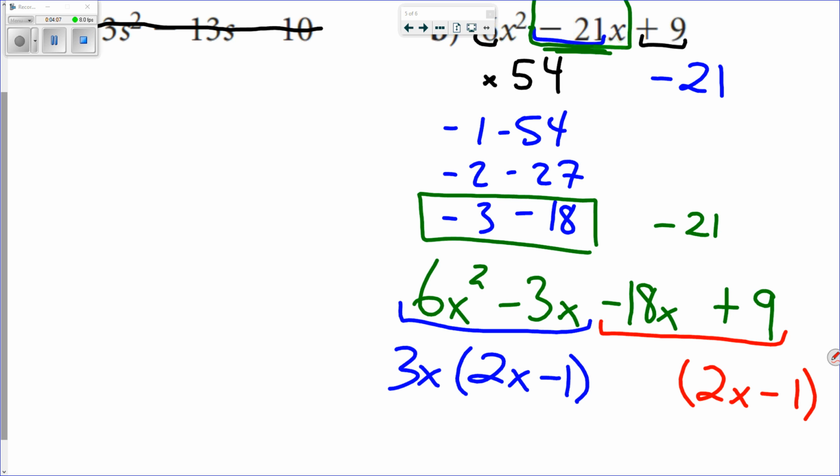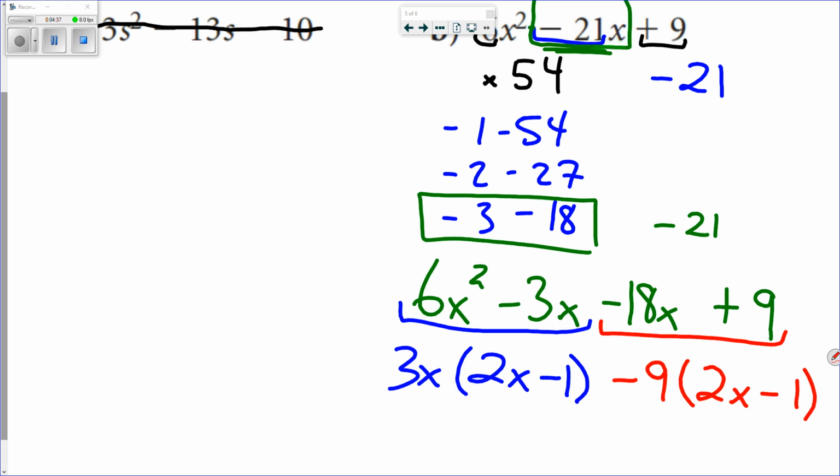So when I look at the negative 18x, and I need to divide by something that gets to positive 2x, that tells me it's going to be negative, because we're going from a negative to a positive. And to go from 18 to 2, we divide by 9. So if we factor out a negative 9, we do get our 2x minus 1.